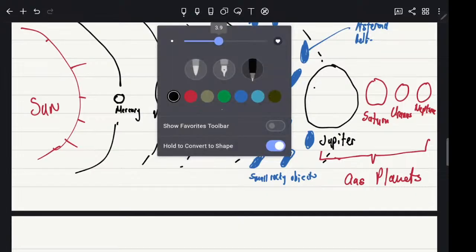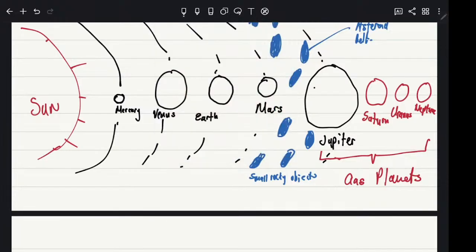Right. Good. Here, remember, between 4 and 5, because the first 4 are rocky, the last 4 are gas planets. Between 4 and 5, the next planet must no longer be rocky after Mars. So what happens in between? That's where you're going to find the rocks.